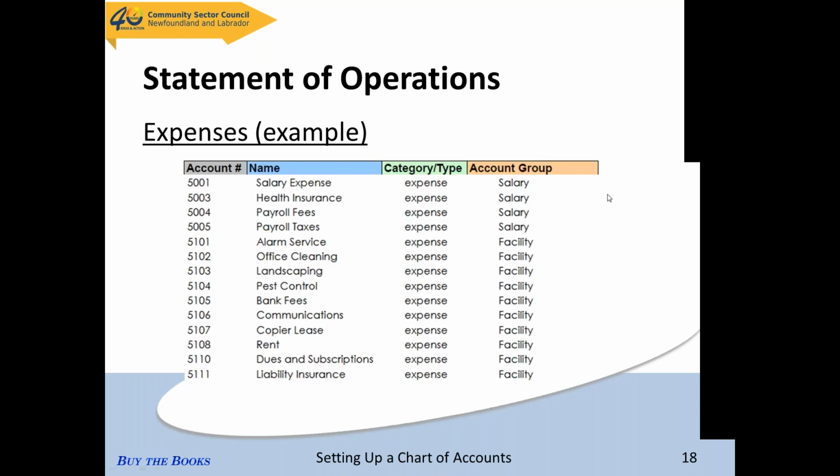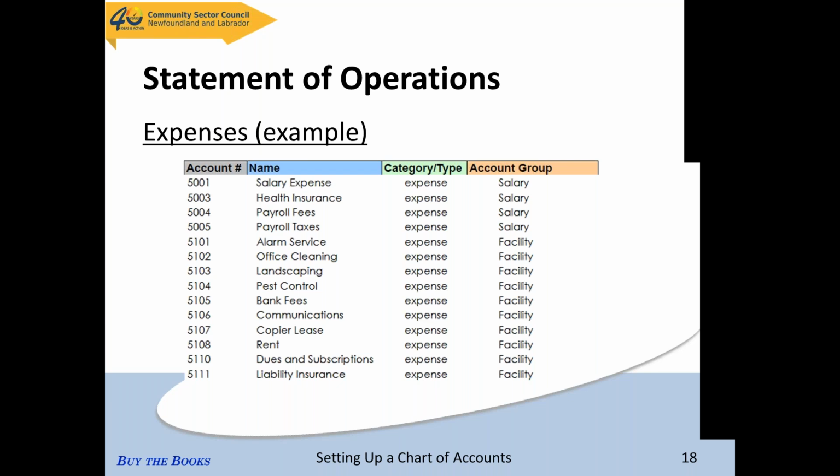So there are many different types of expense accounts that you can have. When it comes to salaries alone, you can see they have a separate account for the gross salary that an employee would earn. There's also an expense account for health insurance that the organization may be paying a portion of. Payroll taxes, so these would be your employee benefits expense.